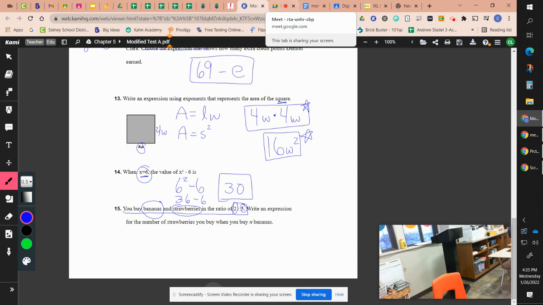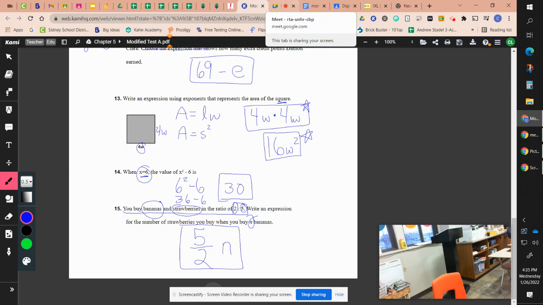Well, we have to have strawberries on top. So when you have strawberries on top, the other one's going to go on the bottom, and then you're going to multiply for the number. Did they tell us how many n bananas? They didn't. So this is as close as you can get to being done with that expression.